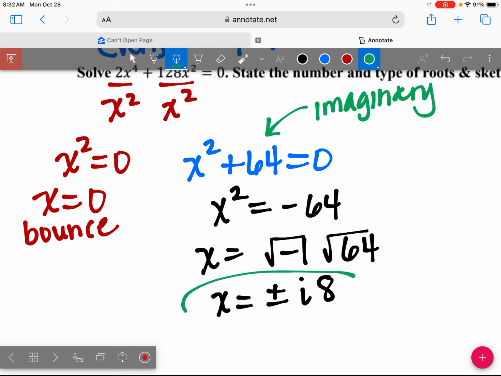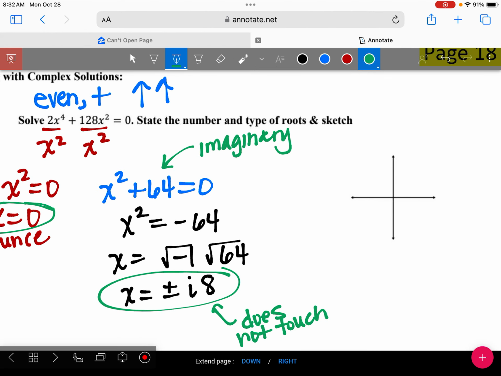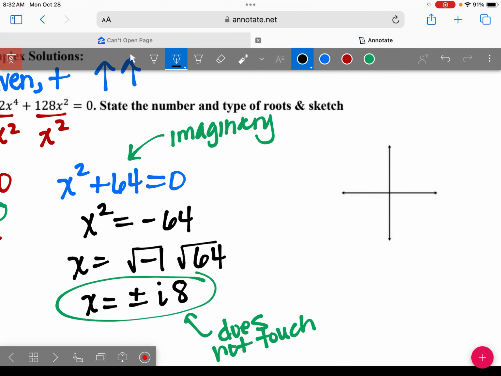So these are your two solutions. This actually counts as 4 solutions. This one again is imaginary, so this one does not touch. So when we do our sketch, it's only touching at 0. It's going to come down. This sketch actually looks just like the last sketch. So you can make it look just like the one you did before it.